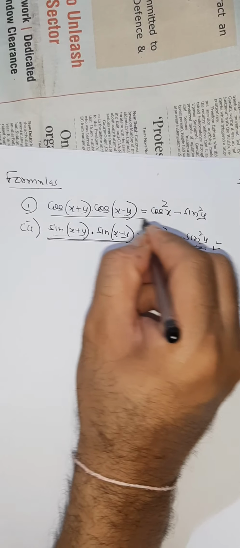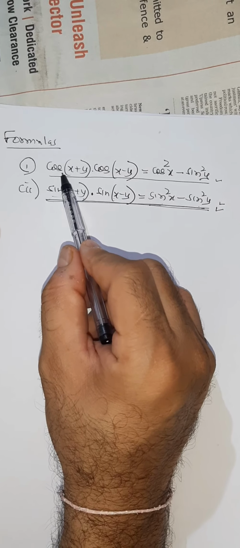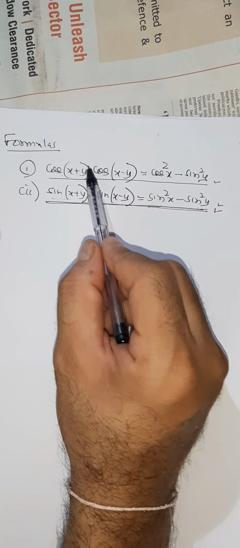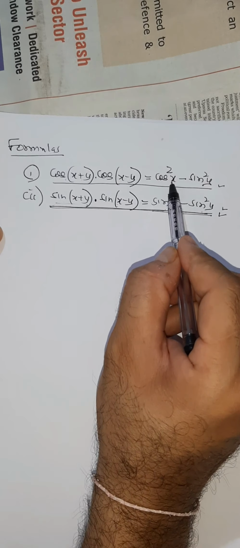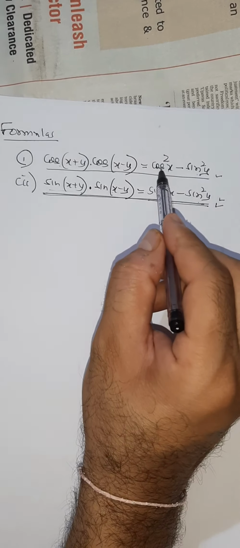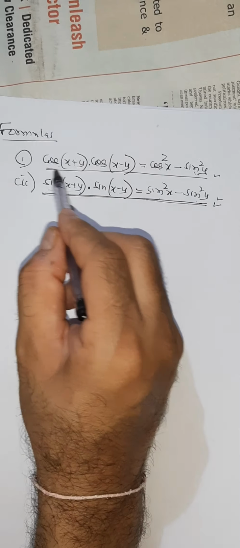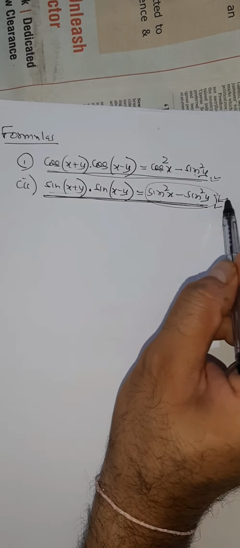This is in mixed function on RHS. When we have cos of x plus y into cos of x minus y, then this is cos square x minus sine square y, remember. Cos and sine in the formula of cos function. In the formula of sine, both are sine functions.